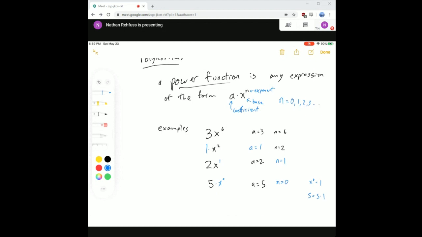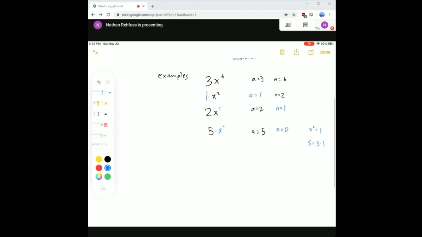So those are power functions. That's all the variation power functions really get. Those are the different kinds of power functions. And now I can say a polynomial. This is the thing we were really after this whole time.